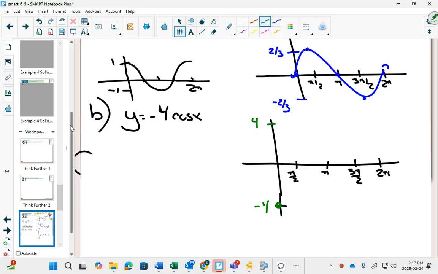So if I know my new amplitude, and I have my 4 sections, I'm just going to jump. Minimum, center line, maximum, center line, minimum. And I can very quickly graph my cosine graph. Circle the following questions for practice.